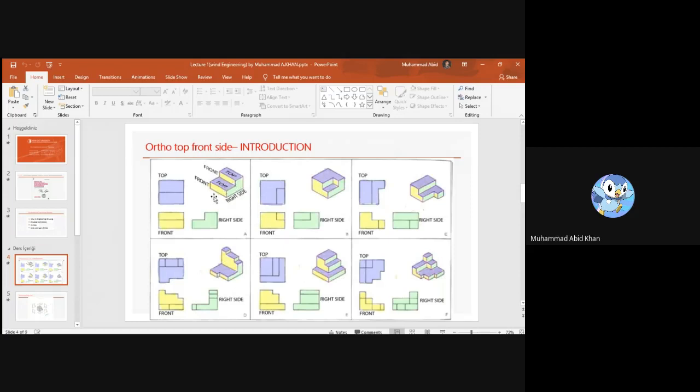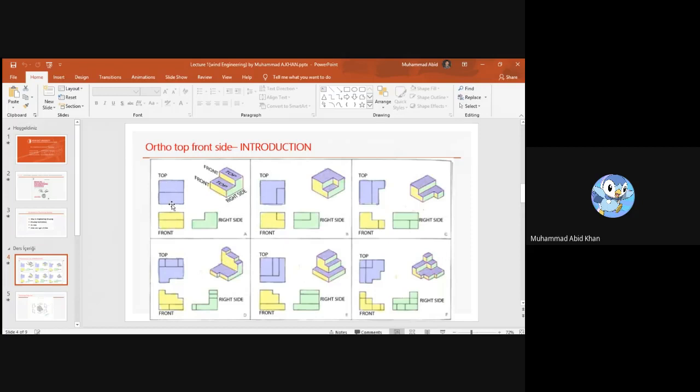We are looking at this side, so this is the front side. The half green is the right side. And this is the blue side, which we consider the top side.